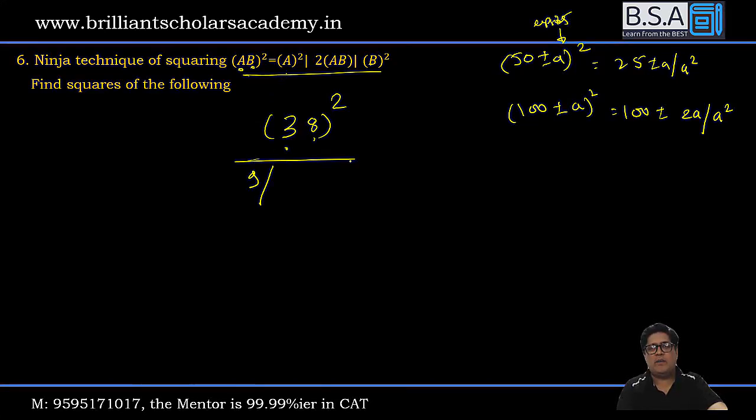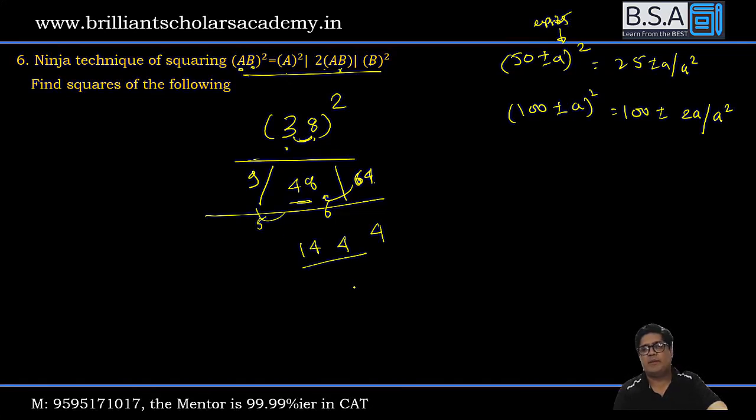You write down here B square, 8 square. In the middle, you multiply and double. Multiplication of both 24. 24 into 2, 48. 4 remains, 6 goes in the carryover, 54. 4 remains, 5 goes in the carryover, 1444 is the square of the number.